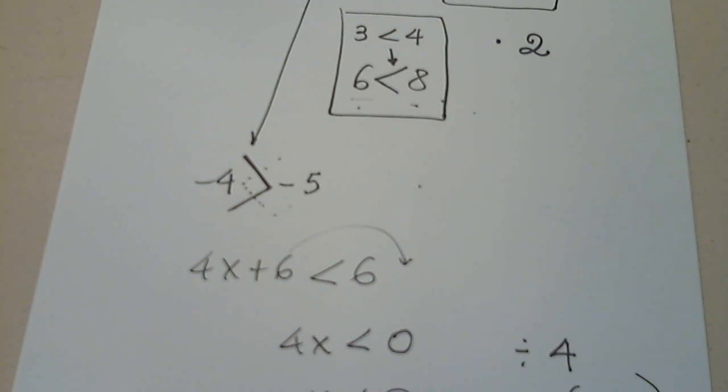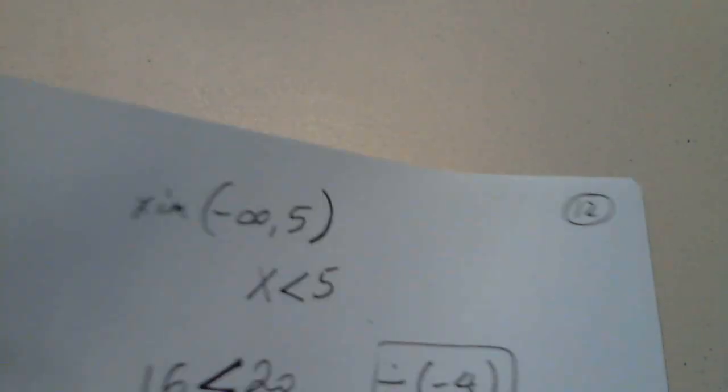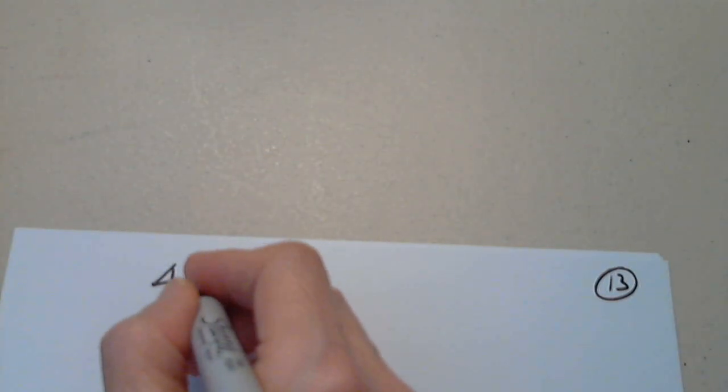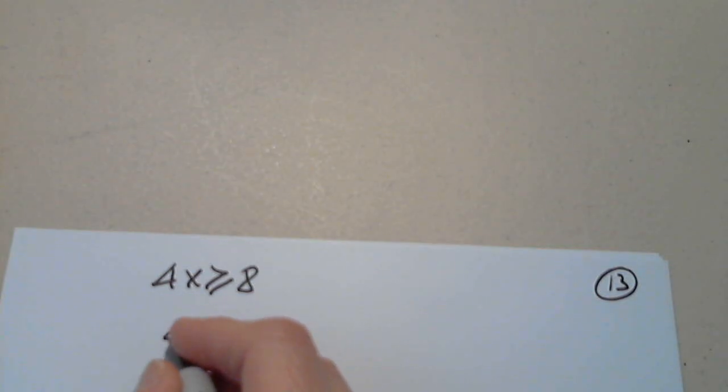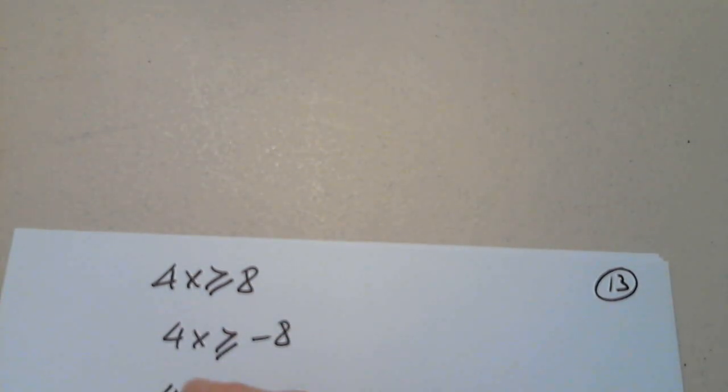Okay, so let's solve these 4 inequalities. Let me copy them first. So we have 4x greater than or equal to 8. We have 4x greater than or equal to negative 8. We have negative 4x greater than or equal to 8. And negative 4x greater than or equal to negative 8. Perfect. So let's work on this.